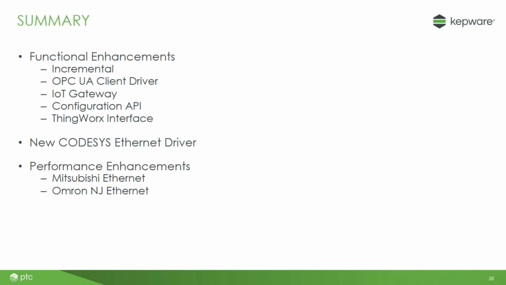CODESYS Ethernet Driver, you get lots of vendors that support CODESYS, like Wago and Eaton and so on. And then with the Mitsubishi and Omron improvements, you get Mitsubishi Q&A, Mitsubishi L series, and Omron NX. So even though it's just listed as the one new driver, you get over 5 or 6 new actual hardware compatibility options with this release.